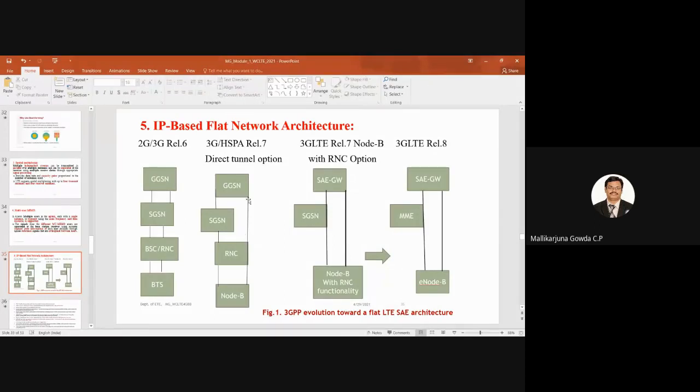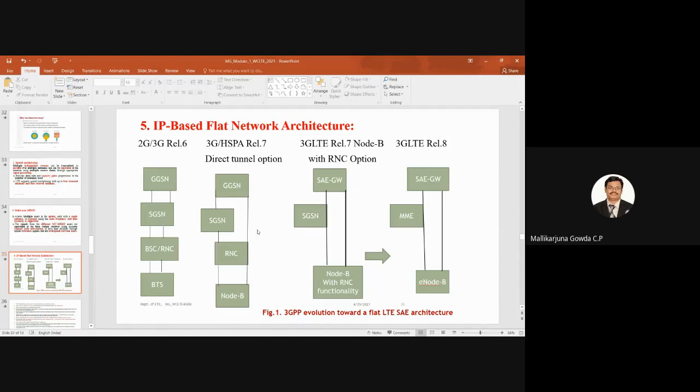So here, the data path goes directly from RNC, the radio network controller, to GGSN, the gateway GPRS service node. Only the control path will go through the SGSN network element. Hope you understood the difference. Because of this direct path, the latency has been reduced.